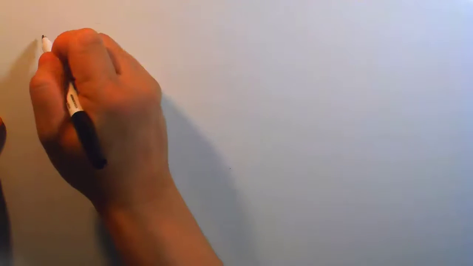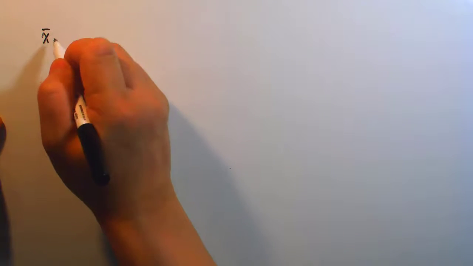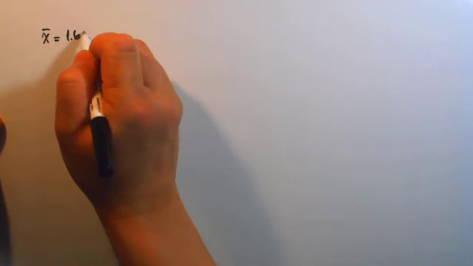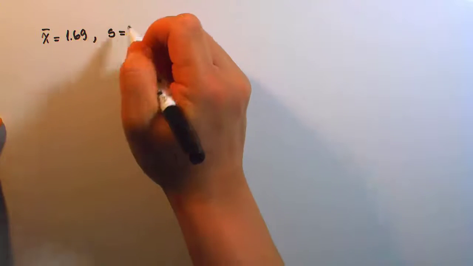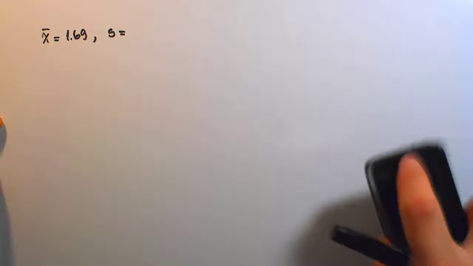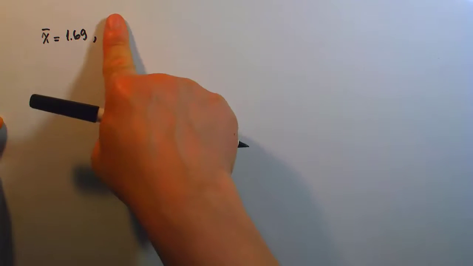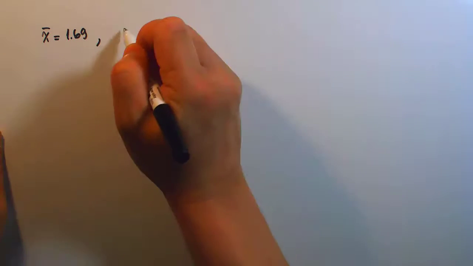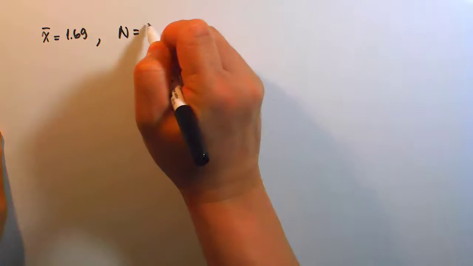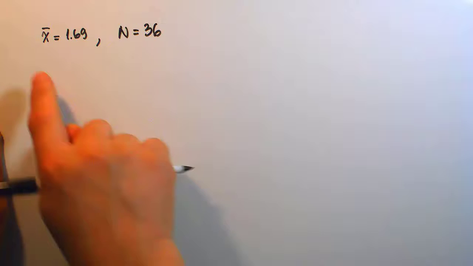So now, with the first sample having a sample mean of $1.69, I shouldn't need to write the sample standard deviation, because all that matters for us right now is the mean value. But importantly, I used 36 prices in that first sample.